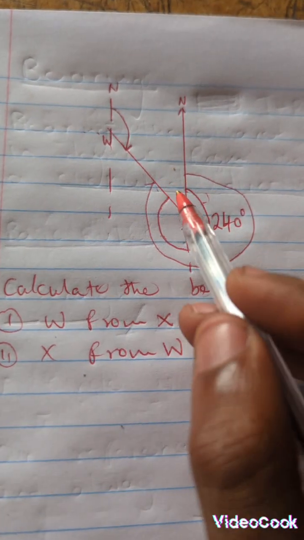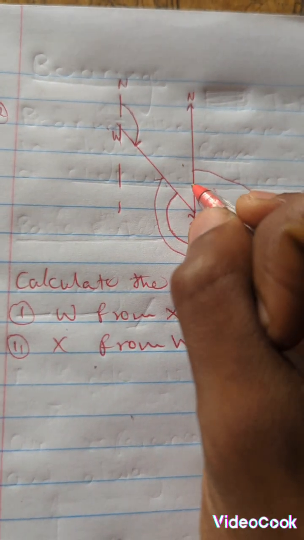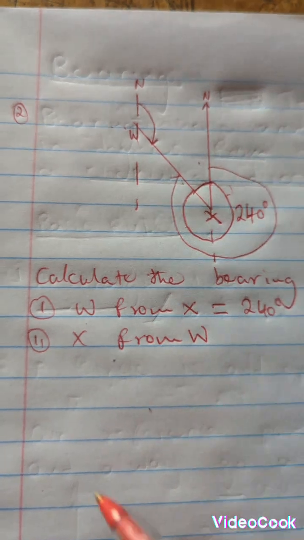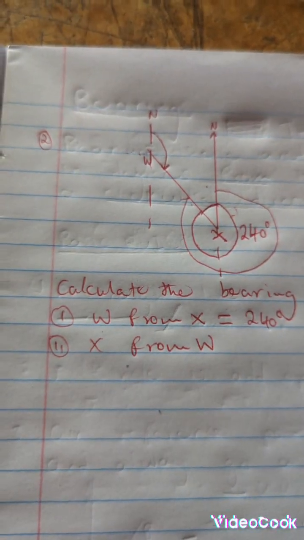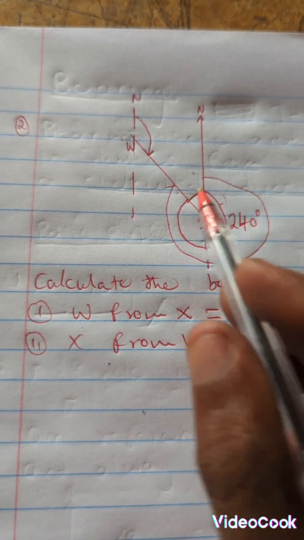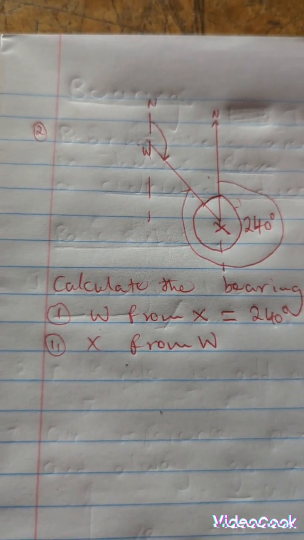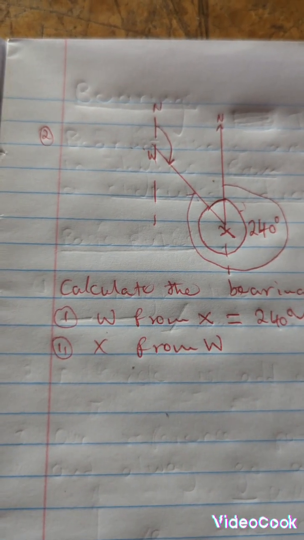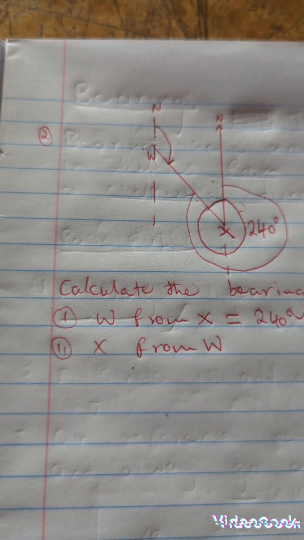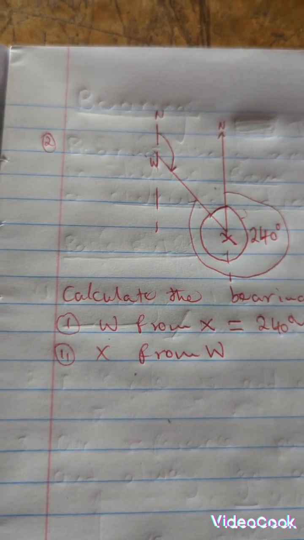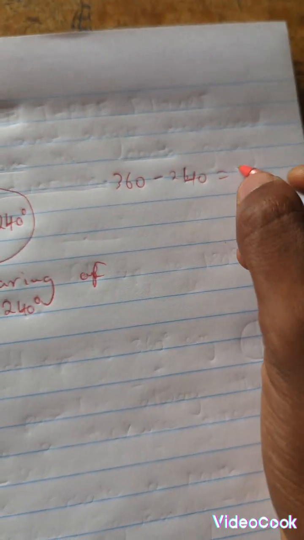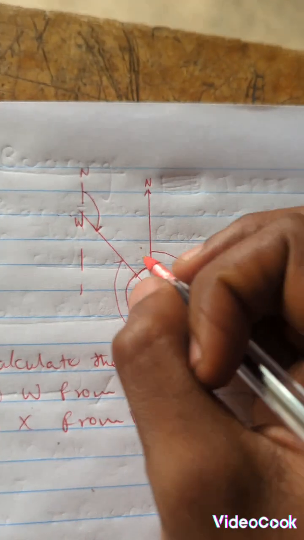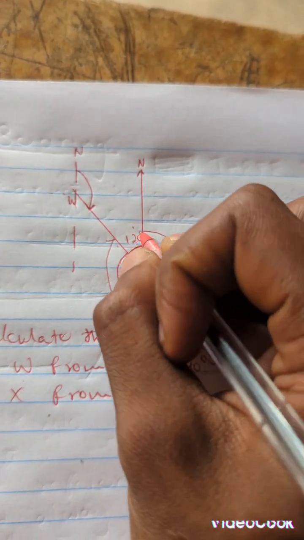We want to find this angle, because the bearing that we're finding is this one. So we need to find this angle first, which is 120 degrees.